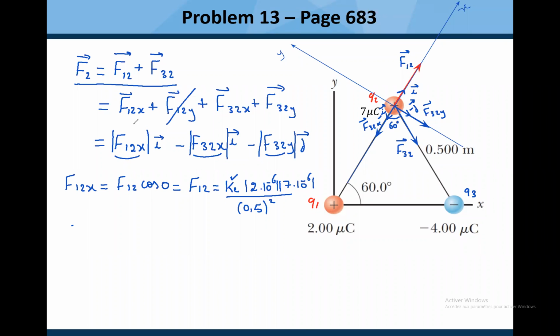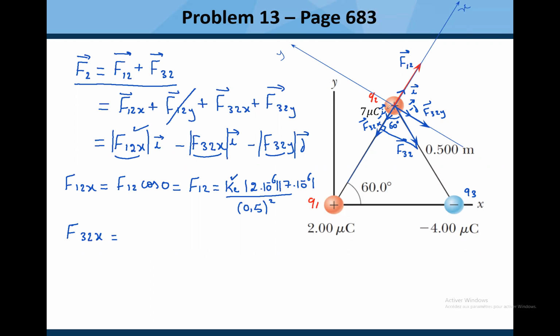But now it's okay for F12x. F32x is here, we can see well. So we can take this triangle. We have an angle here.